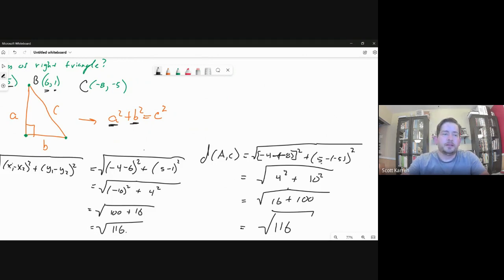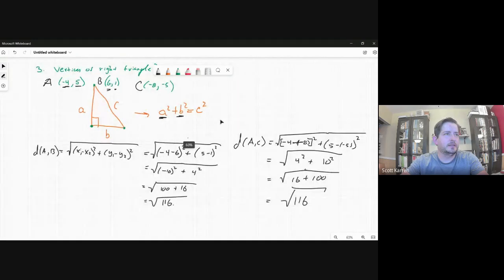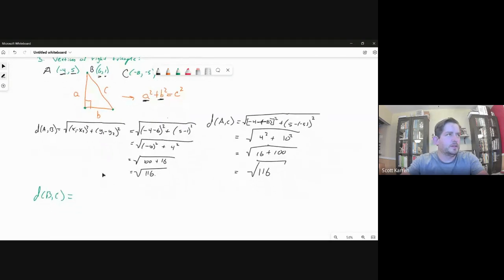All right. Now the last thing that I want to do is find the distance between point B and point C. So I will try to find a place to do that here. The distance between B and C is, and I'm going to scroll up here and find those values, the square root of the x value of B is 6 minus the x value of C is -8.